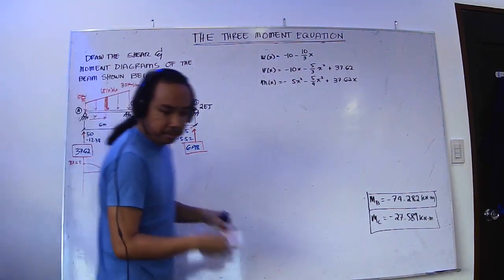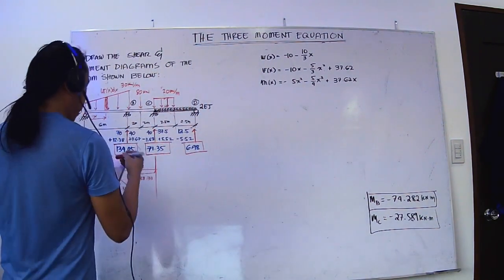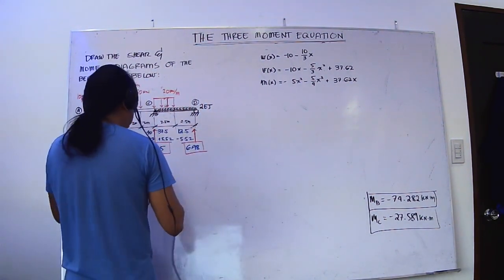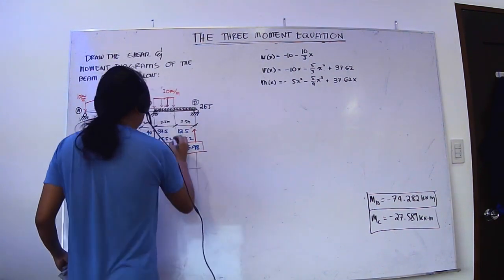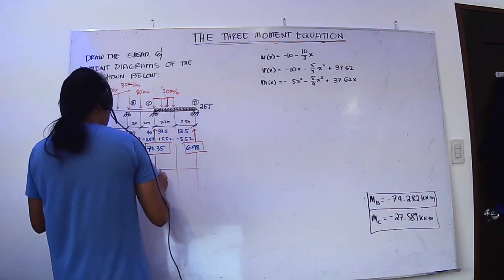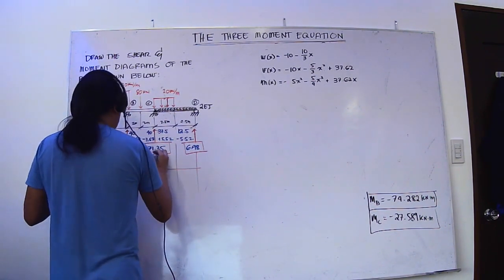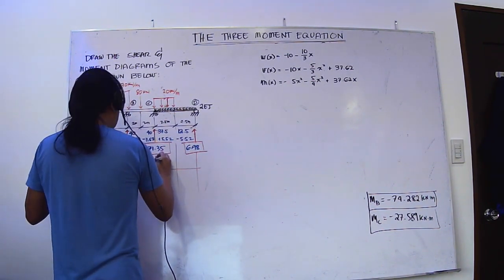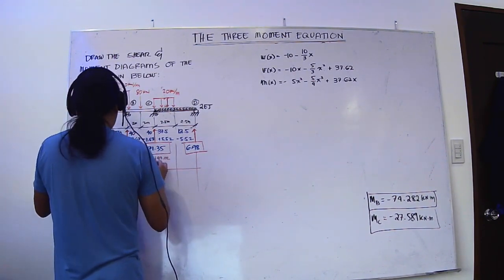Just checking. Okay, so we now go to the next section. Negative 28.33 plus 71.35, this is 43.02.